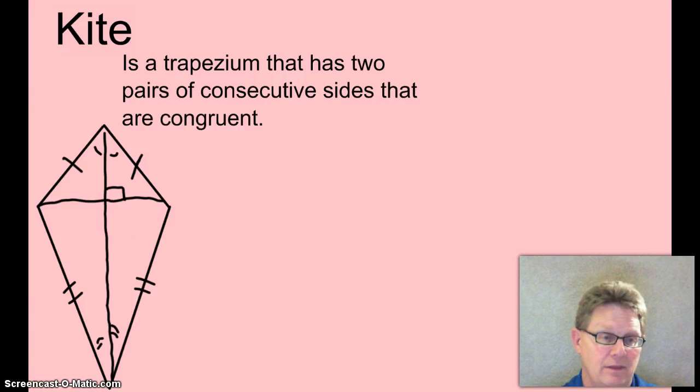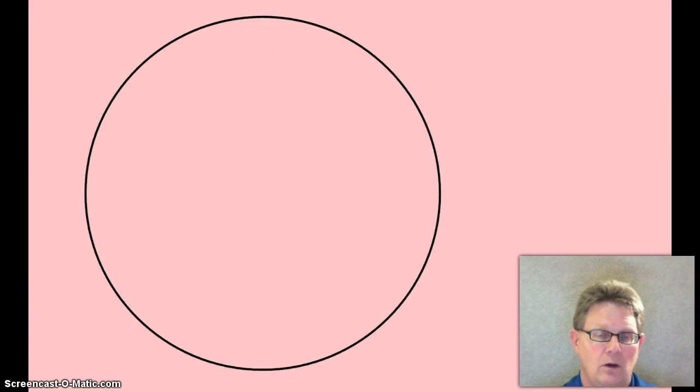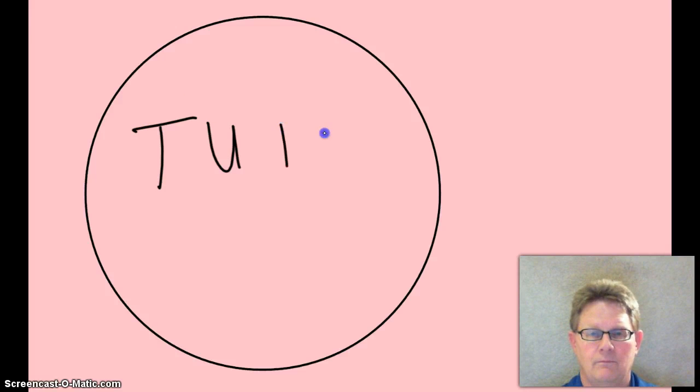So let's move on to the last screen for this lesson. Oh, that's a circle. What is a circle doing with quadrilaterals? You know what it is? It's this right here. It's a to-it.